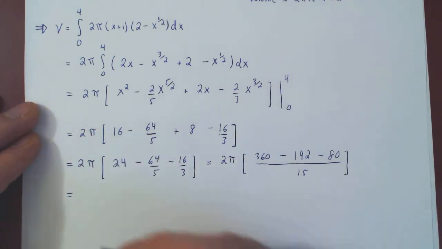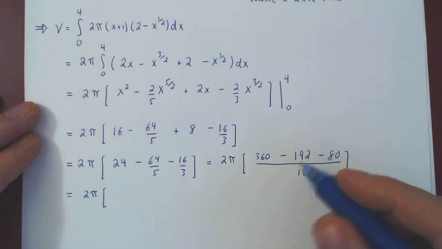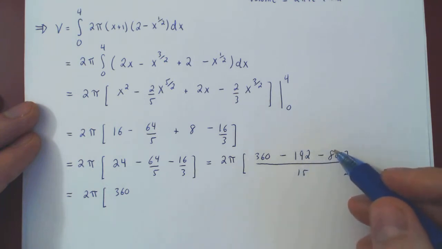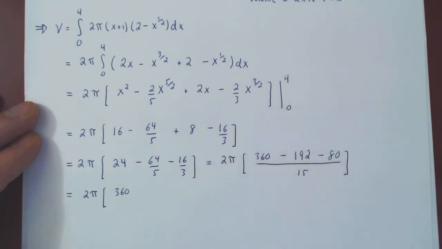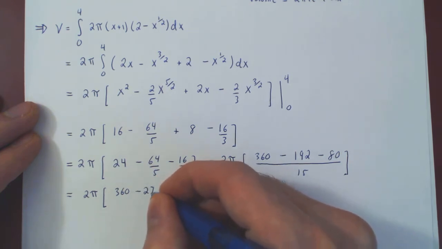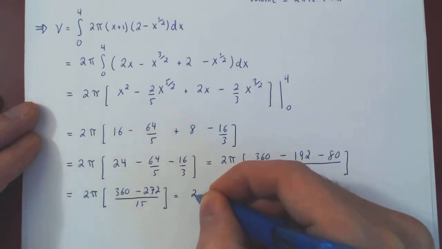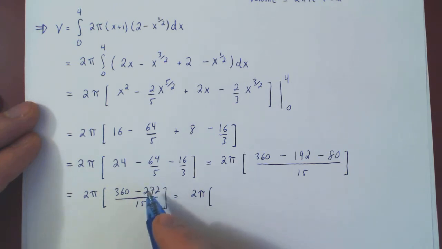Equals 2 pi times, well, let's see, we have 360 minus 272 over 15. And 360 minus 272 is 88, right? 272 plus 80 is 352, plus 8, 360.